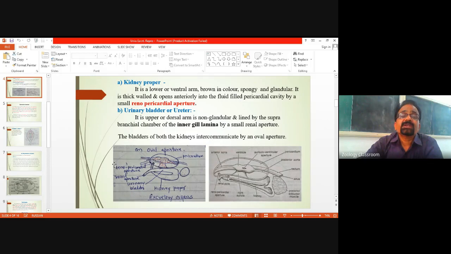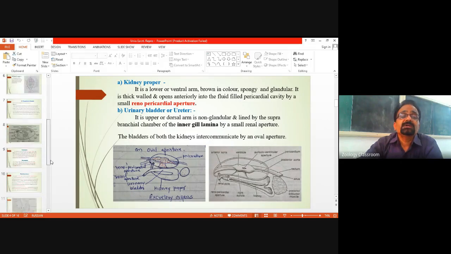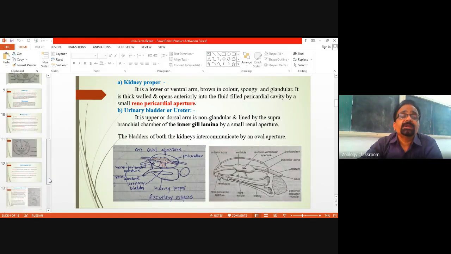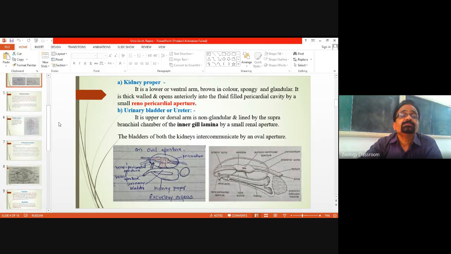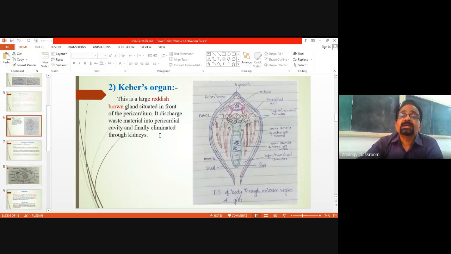So it extracts the waste products from the pericardium also, and thus they are finally eliminated through the kidneys. From the pericardial fluid, it is brought into the kidneys.